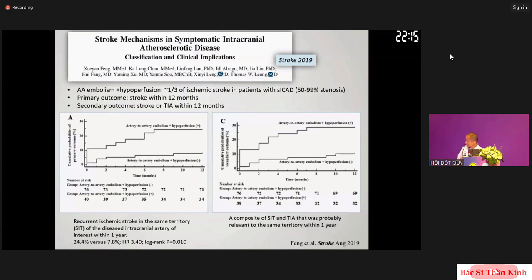Very interesting, you can see here, if patients have artery-to-artery thromboembolism combined with hypoperfusion as a stroke mechanism, they had the highest chance of developing a stroke or TIA in the coming 12 months after the index stroke. And this mechanism actually was very common in patients. About 40% of patients have this combined stroke mechanism.